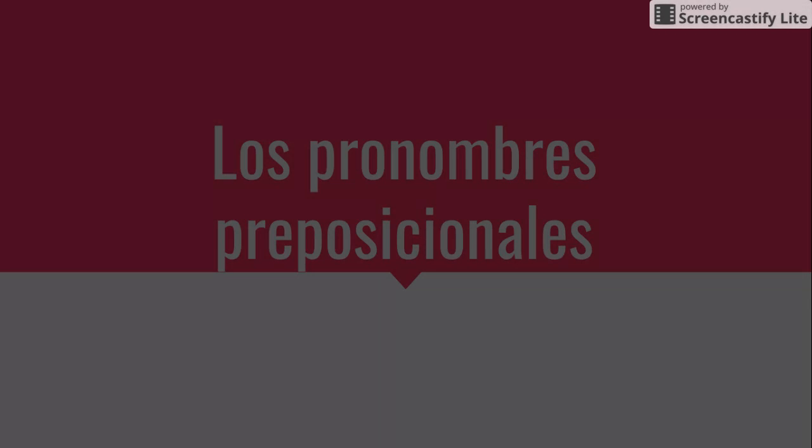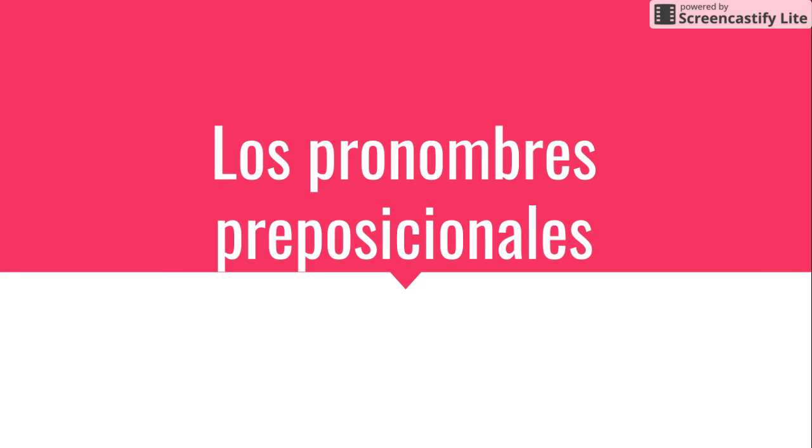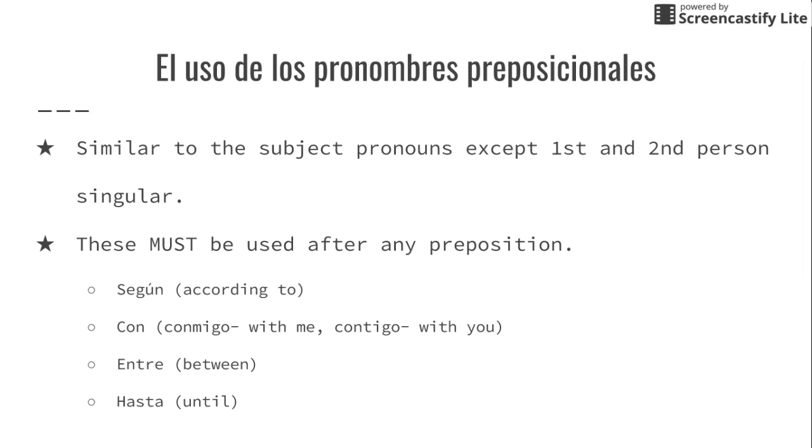Next, we have los pronombres preposicionales. Los pronombres preposicionales are the same as the subject pronouns, except the first person and the second person singular change. So first, you must remember that these must be used after any preposition. Prepositions in Spanish such as según, which means according to, con, which means conmigo, with me, or contigo, with you, entre, which means between, and hasta, which means until.